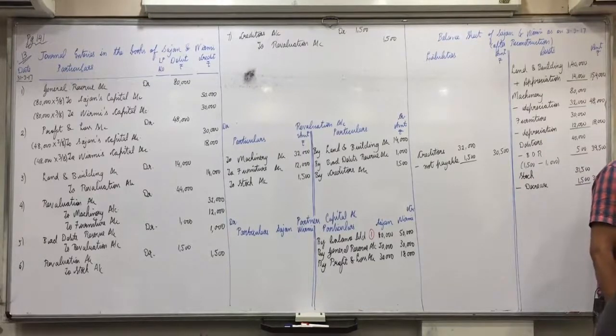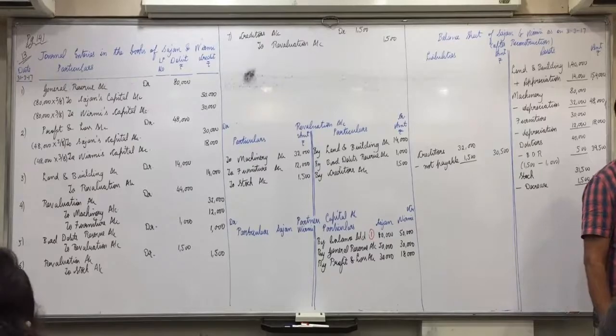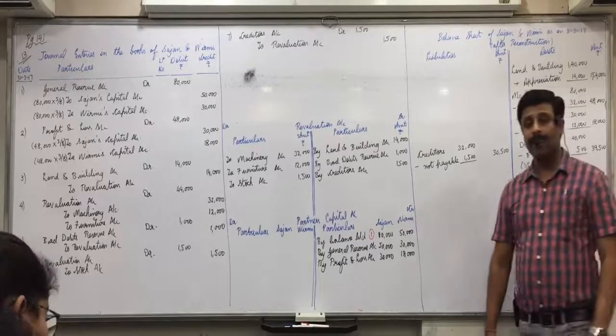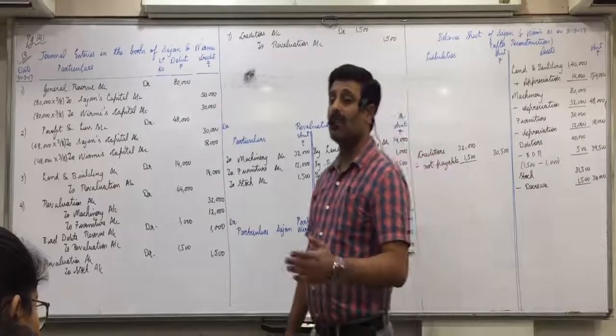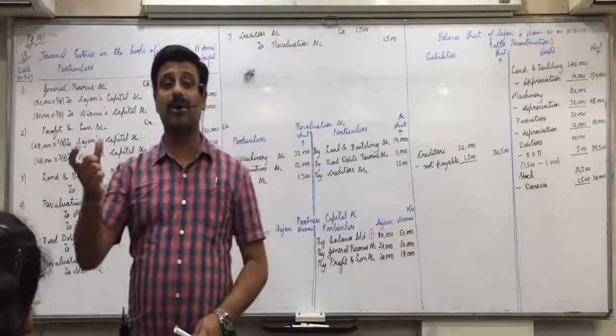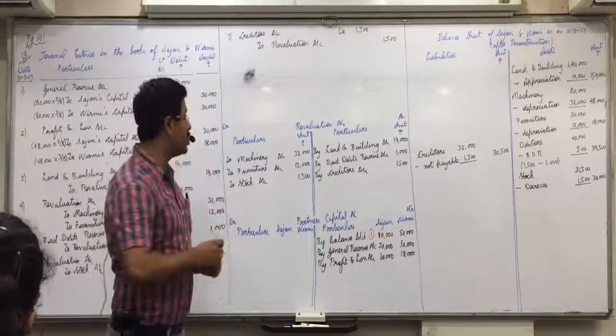outstanding expense 10,000 and income receivable 2,000. Now, outstanding expense. In final accounts we used to do expense to outstanding expense. Now expense will get substituted with revaluation.